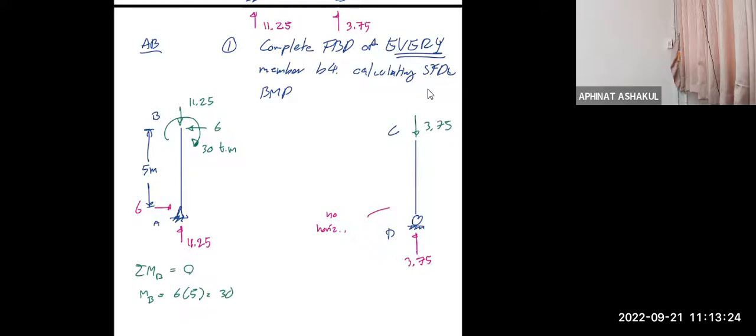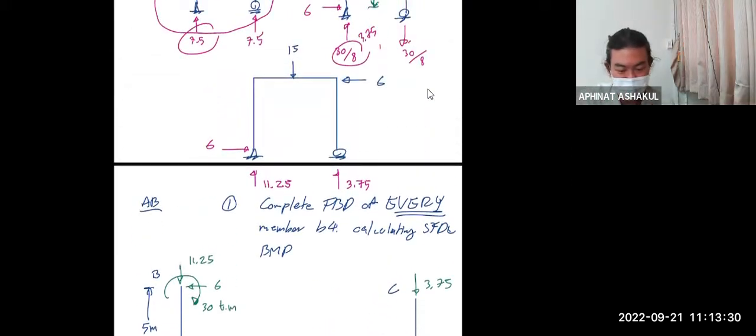Let's go back up. We have a problem with the reaction a little bit here. Remember, this is our system, this is our equilibrium of the system. When you look at member CD, it's right here. And at the support D, we only have the vertical reaction of 3.75 tons going up.